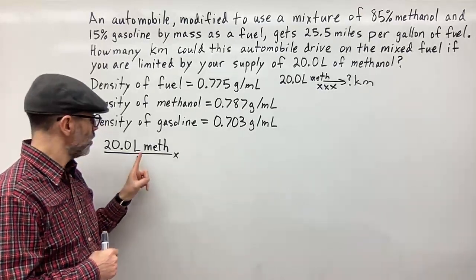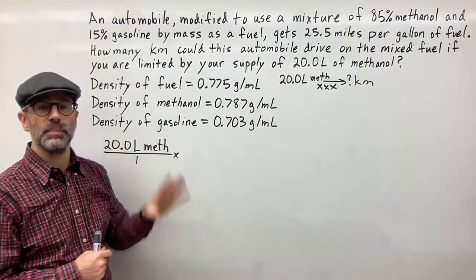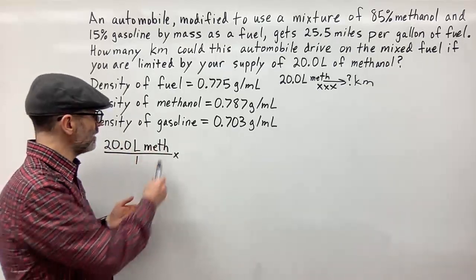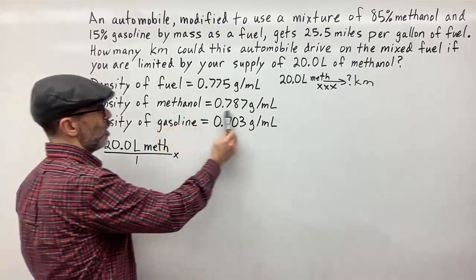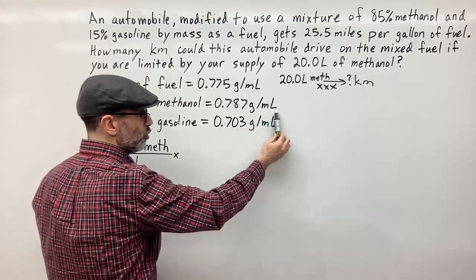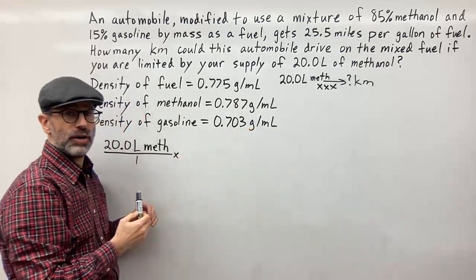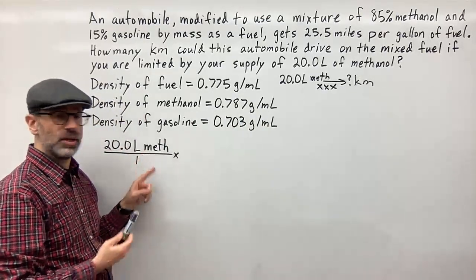So in order to get from liters, which is volume, to mass, I'm going to have to use density. And since I have methanol here, I want to use the density of methanol. I'm going to use the density of methanol to convert from volume to mass in grams. But I need volume in milliliters, so I need to convert this to milliliters first.